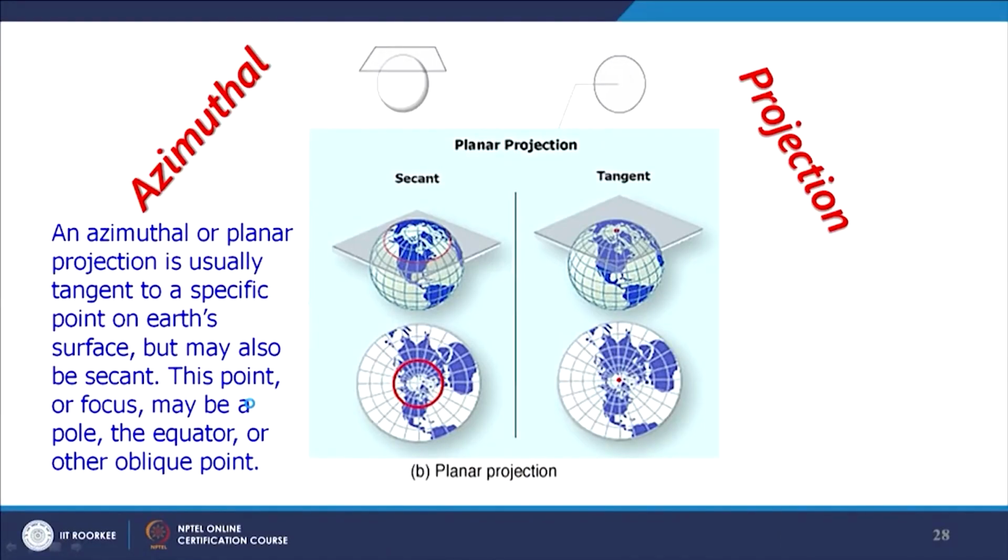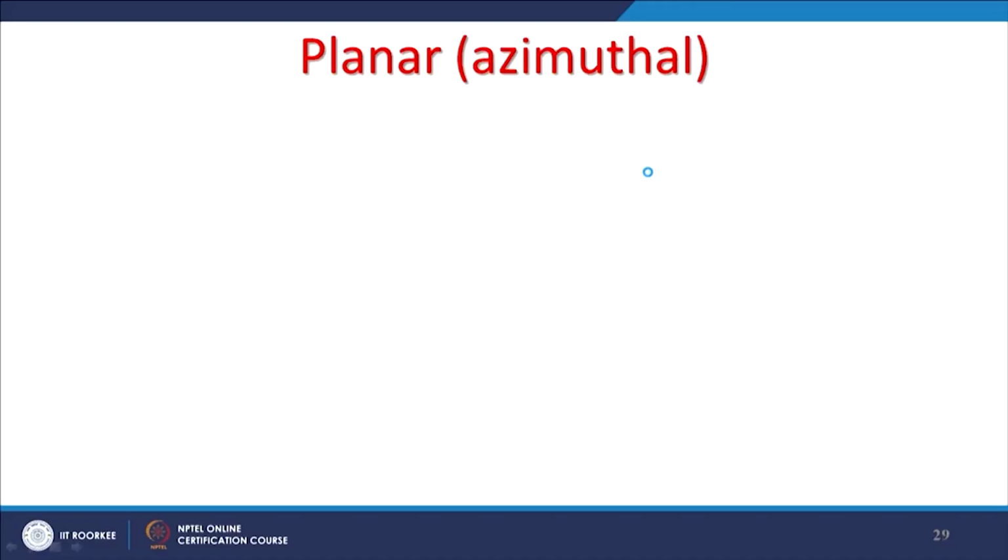Whereas an azimuthal projection only preserves the correct distance relationship along a few lines on the map, because it is just touching at one point. So, it is good only on a few lines on the map, but otherwise it is bad. If you have a secant touch, it would be like this. If you have a tangent touch or tangent connection, it would be like this.